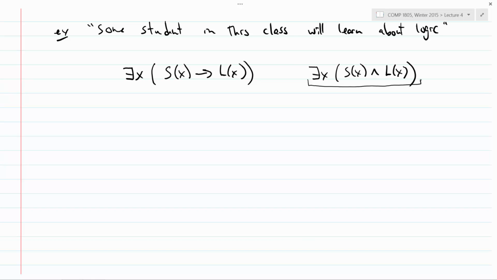And there is. So there is one person in the world who's not a student in this class, which means S for that person will be false, which means the implication will be true. So for anyone in the world, any person who is not in this class, this implication will be true. And since there's at least one person in the world not in this class, this is definitely true.